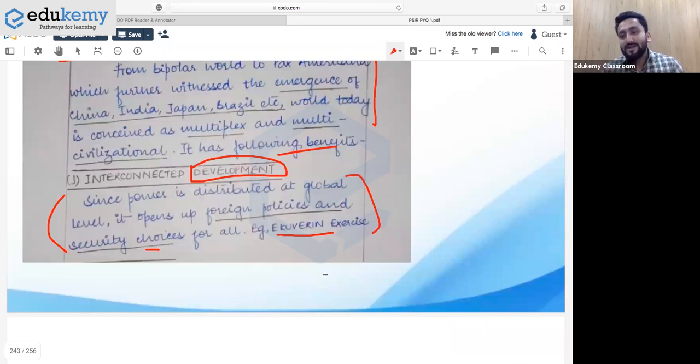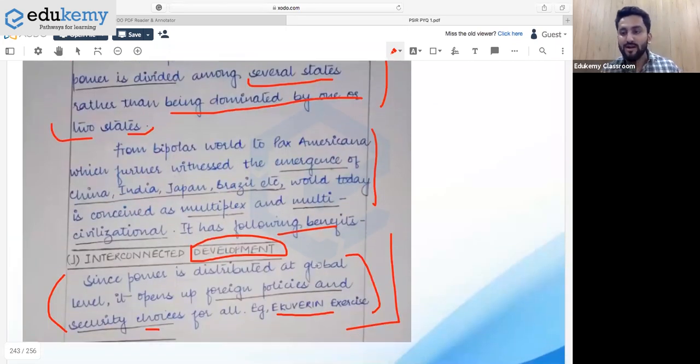Another point is interconnected development. What points do you have in mind? Whenever we are saying interconnected development, you can say that the progress of one nation is shared with other nations in a better way, because now this world order is connected through a complex network of capillaries in which information, tie-ups and technology, everything is moving at a faster rate, right?